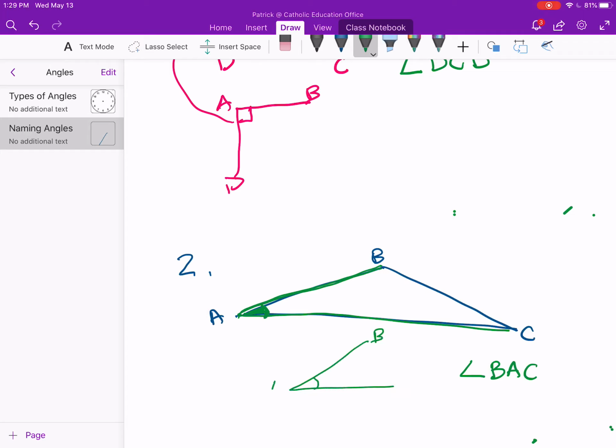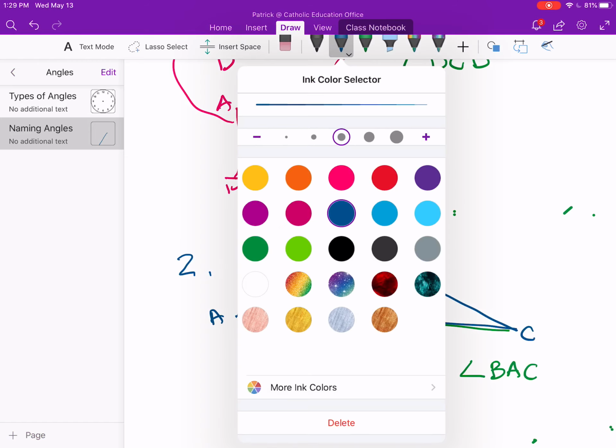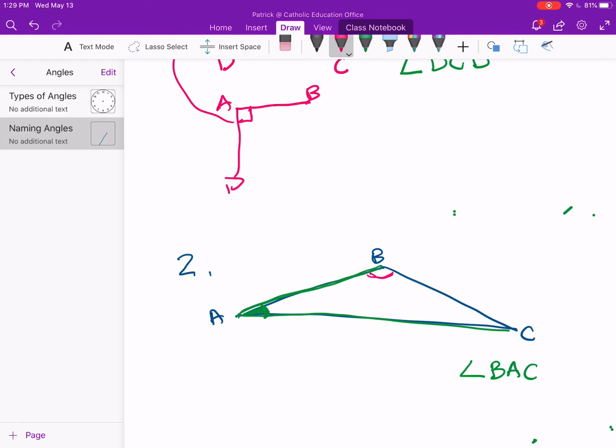That's B, A, C, right? Let's try to get this angle. Let's go angle B. Oh, it's angle B if we do it the old way, the easy way, but we're doing it the more difficult way. Can you try to label this one and pause the video, come back and let me know, and see if you get it right.